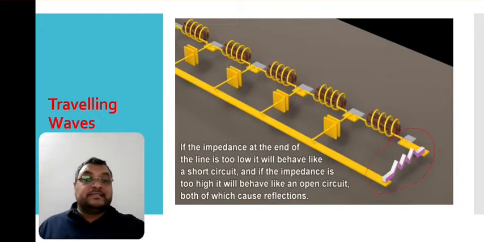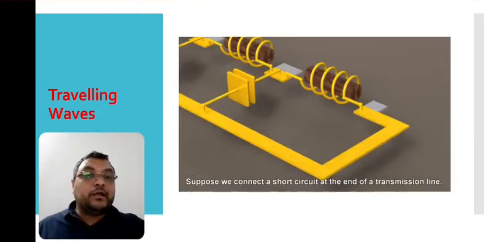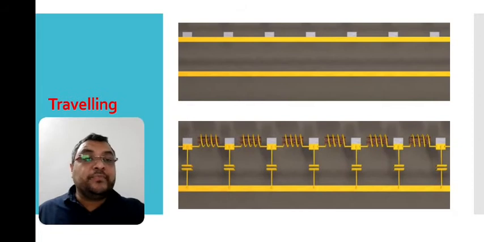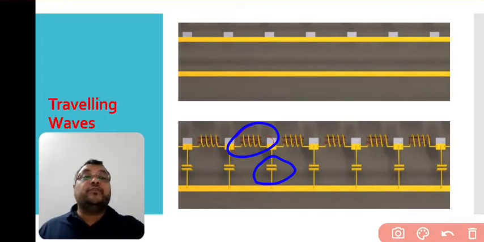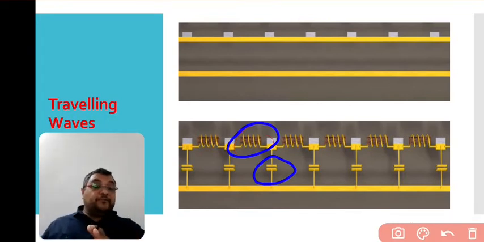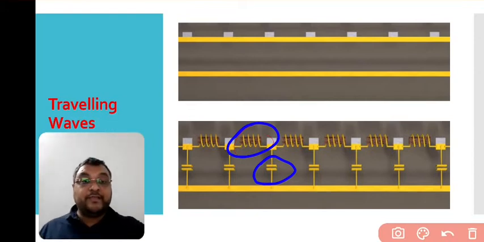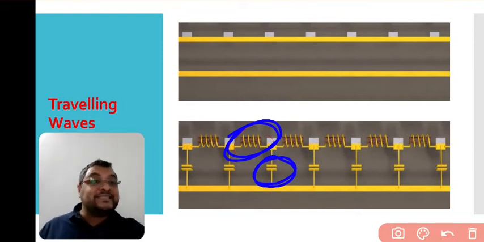So this is the value of inductance and this is the value of capacitance. The velocity of the traveling wave depends on the magnitude of the inductance and capacitance, and when it reaches the end, it will be reflected back.